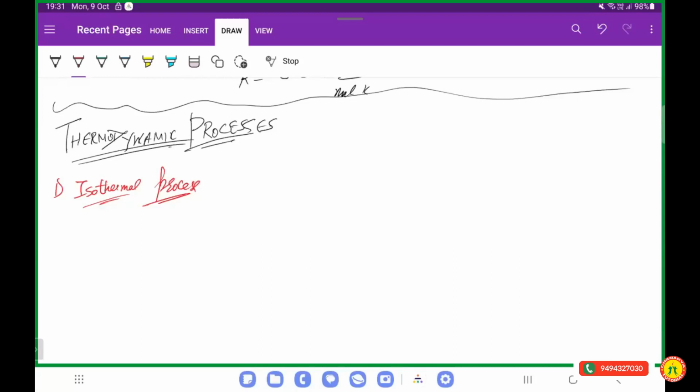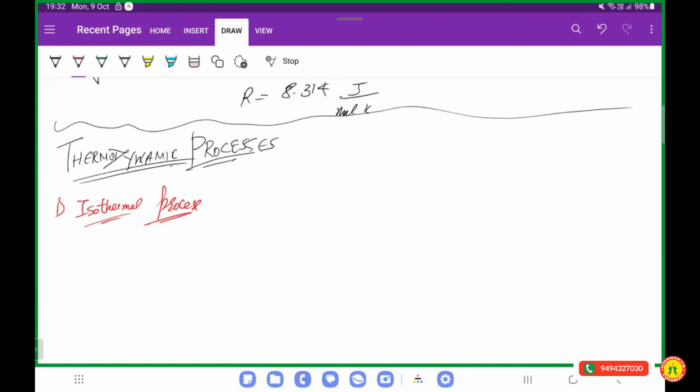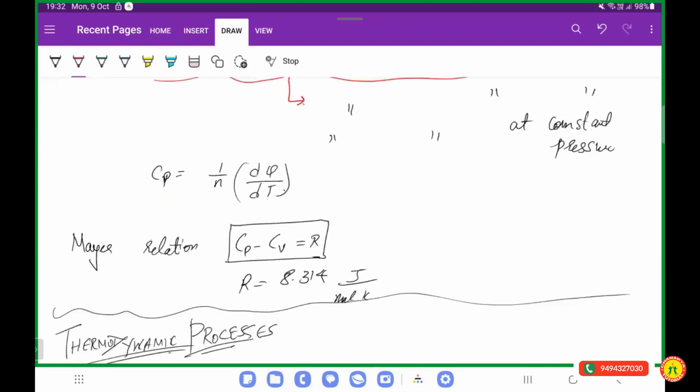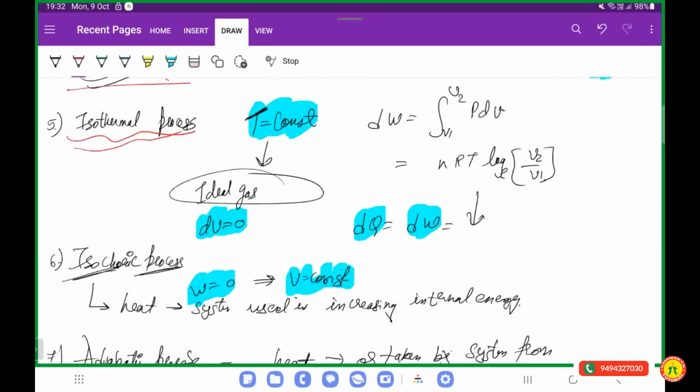What is isothermal process? Temperature constant, sir. So if you want to draw temperature constant, how will you draw? What we wrote before? Isothermal process, temperature constant. So all this heat is converting into your work done.